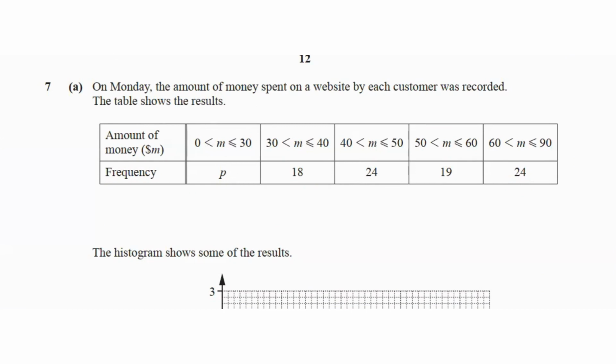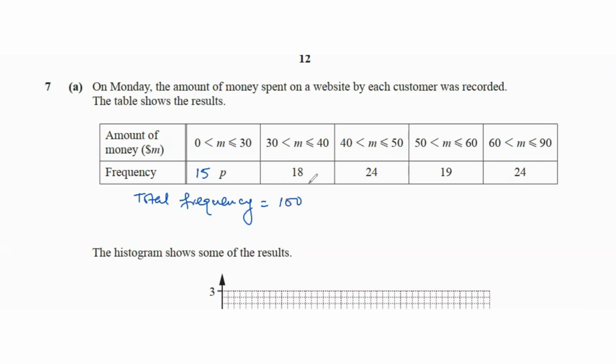So we know P was 15. So let's find the total frequency, which is going to be the sum of all of these values. So 15 plus 18 plus 24 plus 19 and plus 24 again.